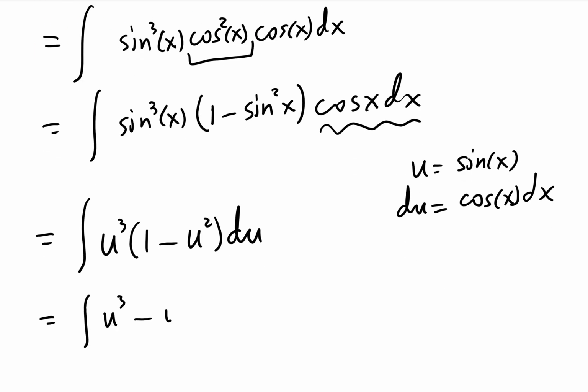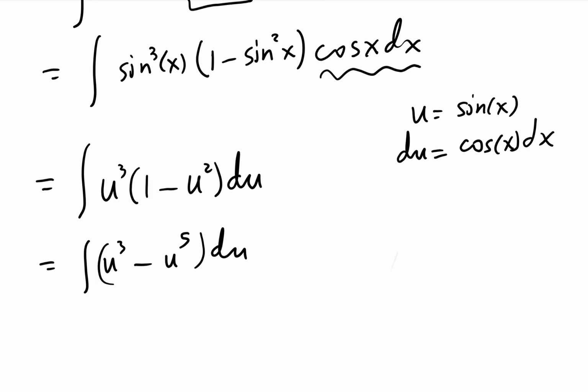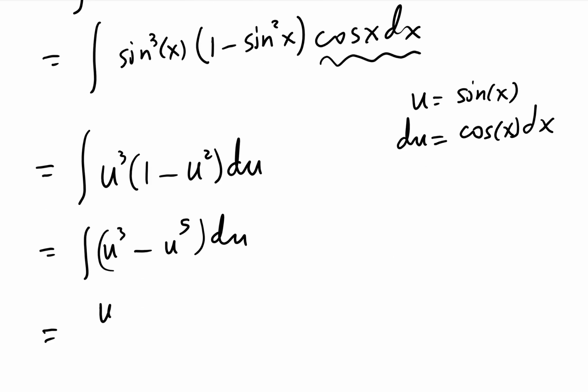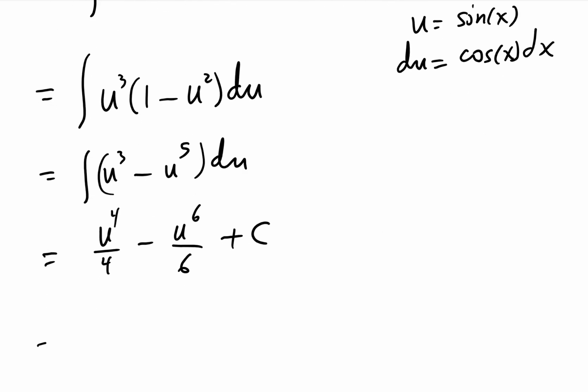The integral of u to the third minus u to the fifth du. You get u to the fourth over 4, minus u to the sixth over 6, plus c. U is sine x. So replace the u with sine x to the fourth and sixth now.